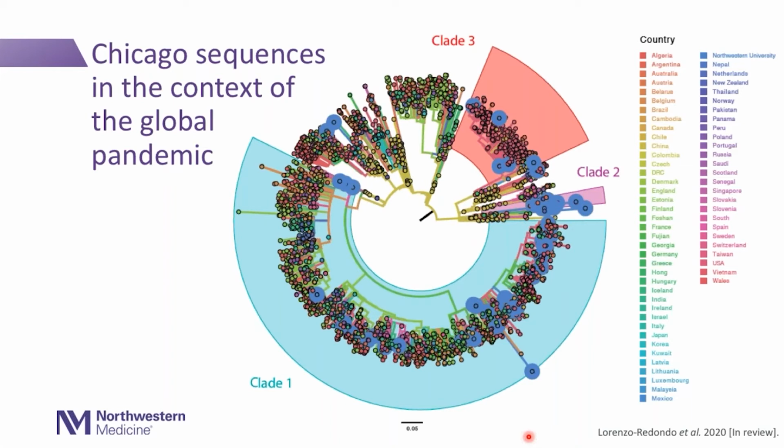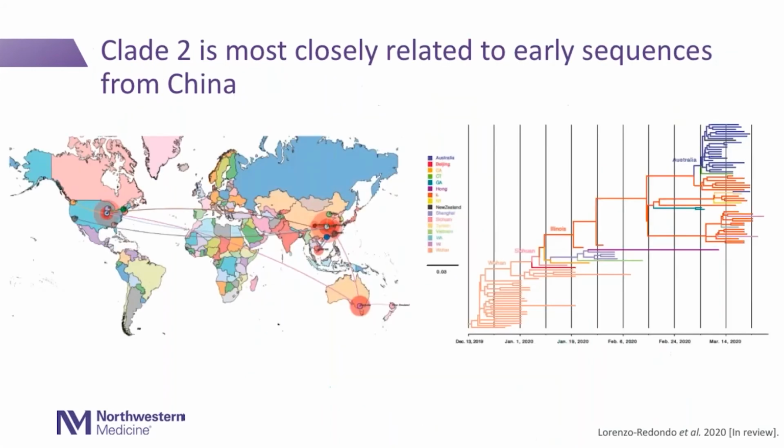So taking this sort of global approach, we can then again go back and look at the geography and the temporal dynamics. And what was really striking to us was that this clade 2, this Illinois clade, appeared to originally have been most closely related to the sequences from Wuhan, from the Wuhan province of China.